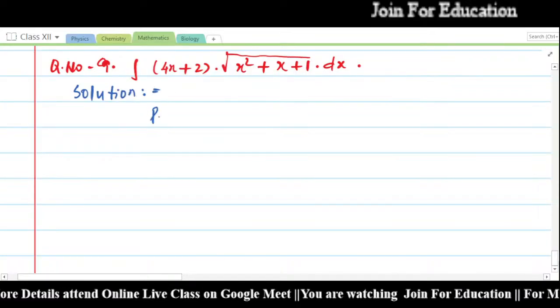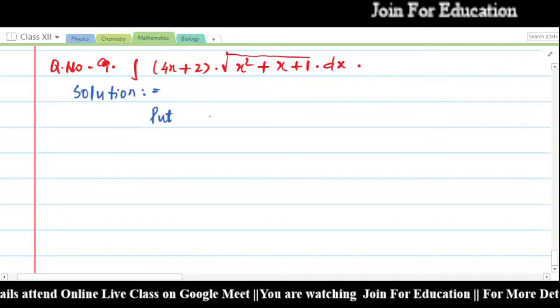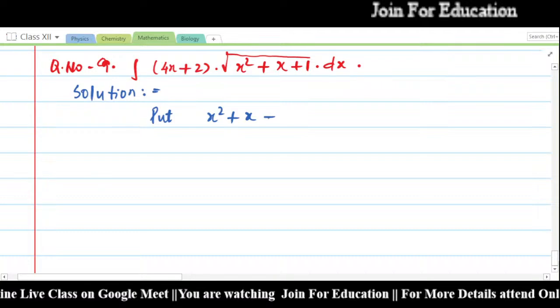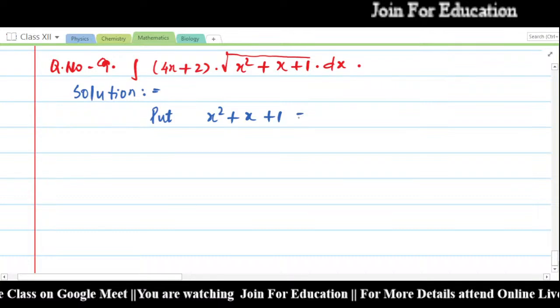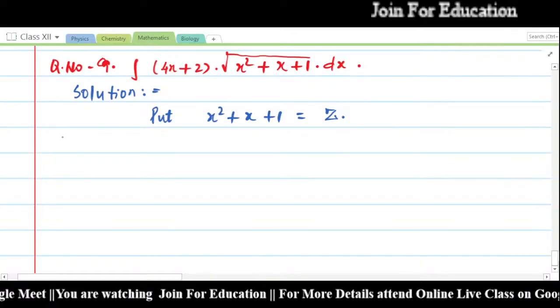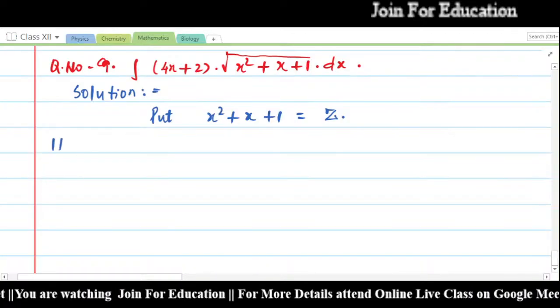So we write down here, put x square plus x plus 1 equal to z. Now take the derivative on both sides with respect to x.